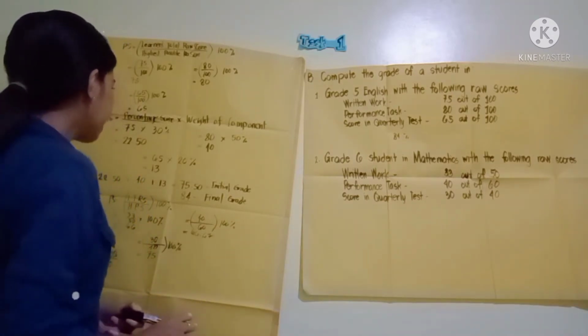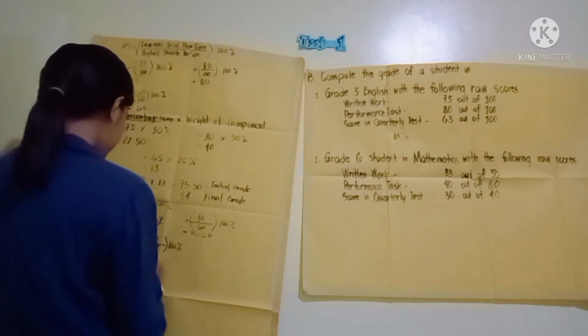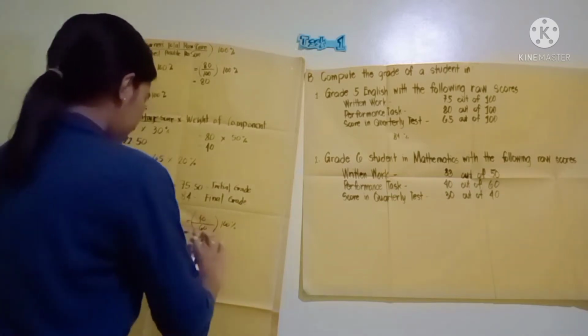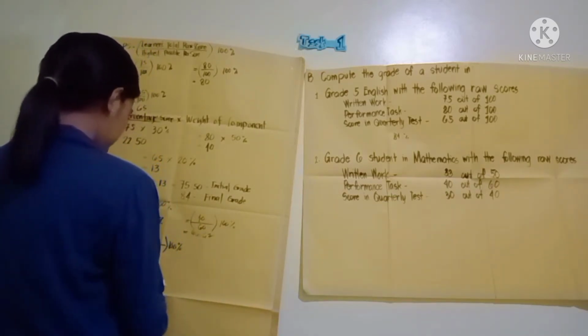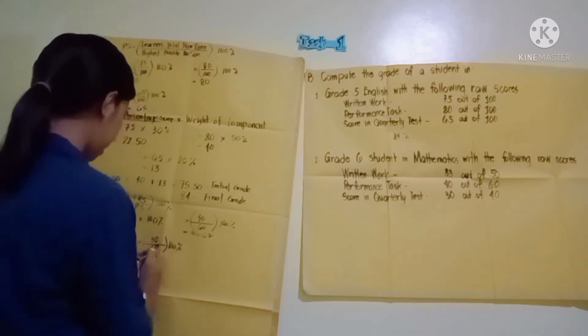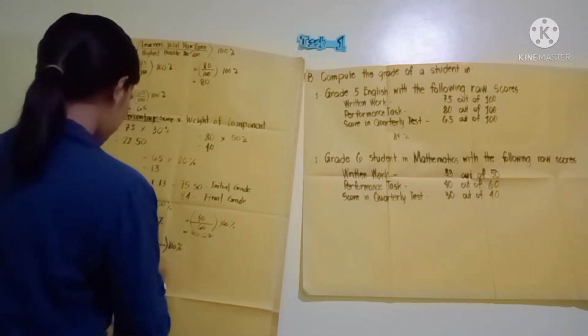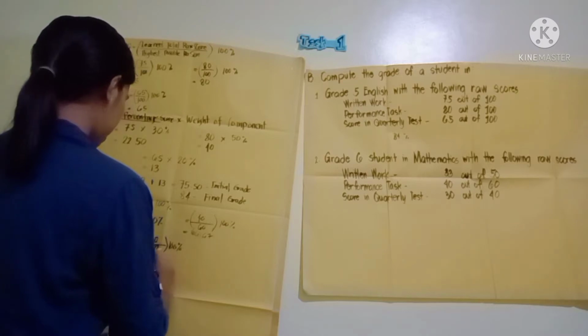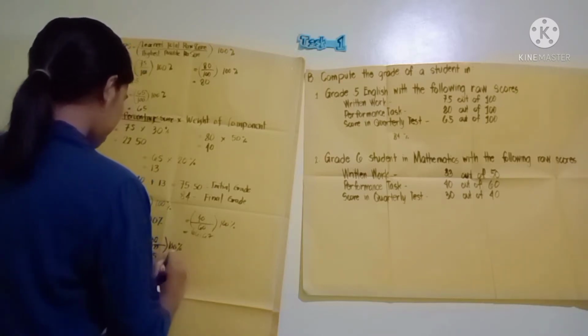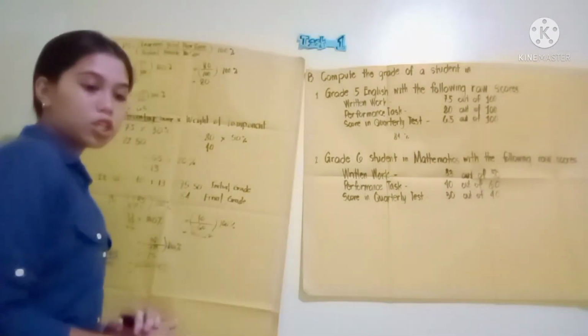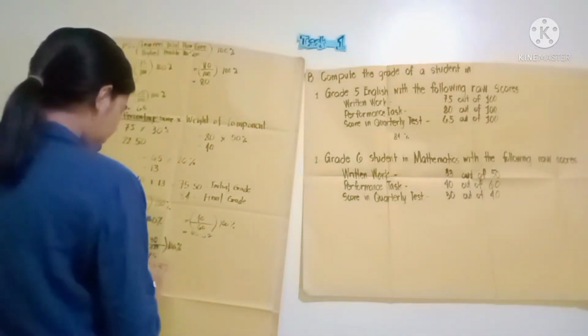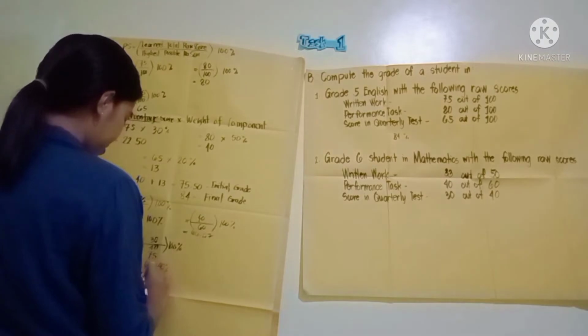Next is the weighted score of the performance task. So the performance task is 66.67 times 40% is equals to 26.67.